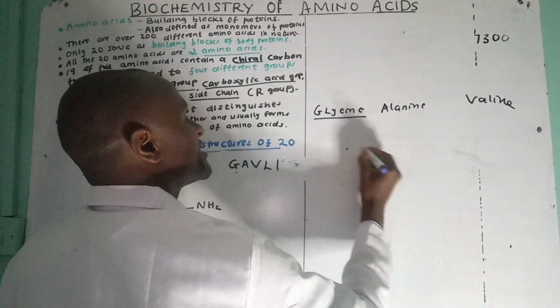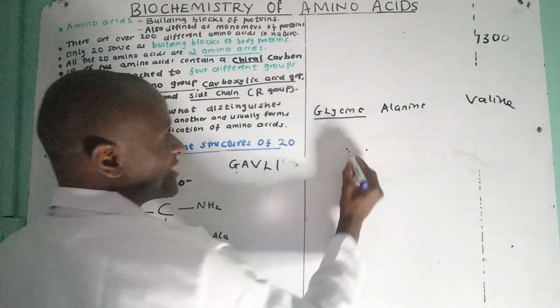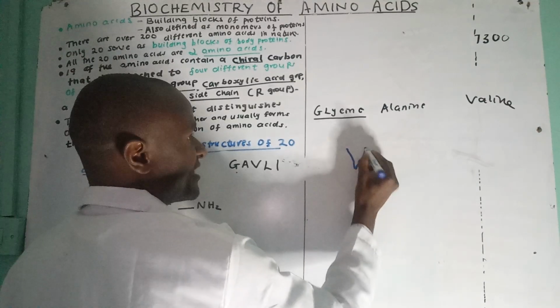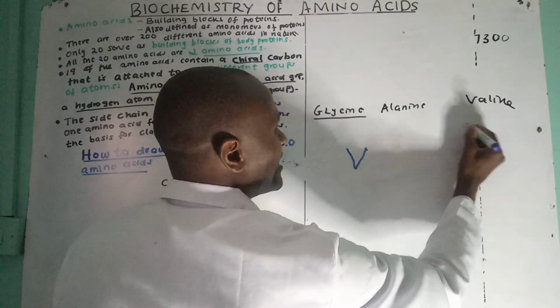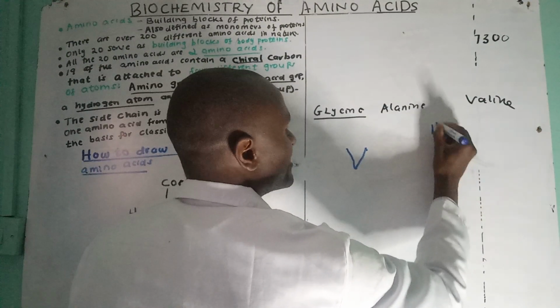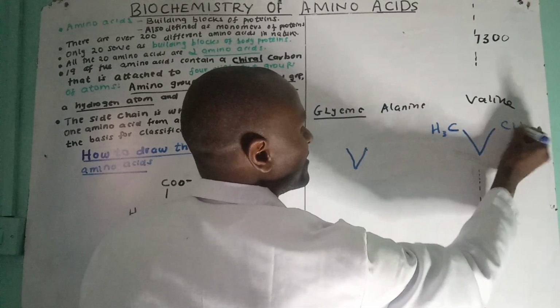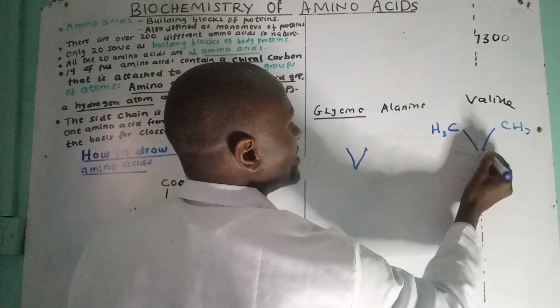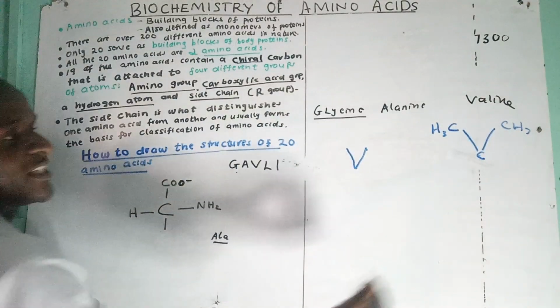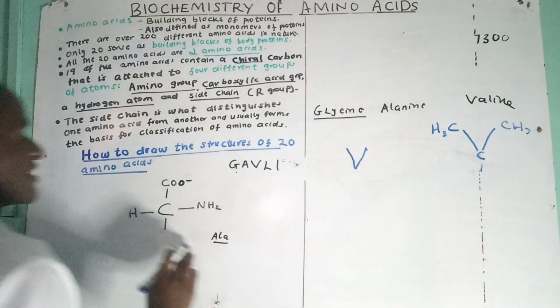How do we draw a V? Like that, then like that. So valine has two methyl groups like that that are connected to a carbon atom, which is now connected to this structure.